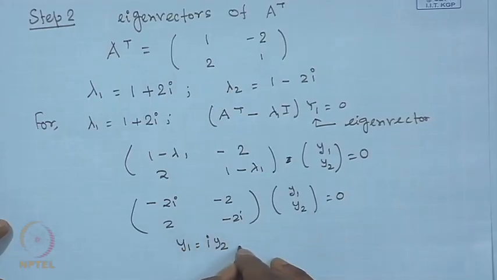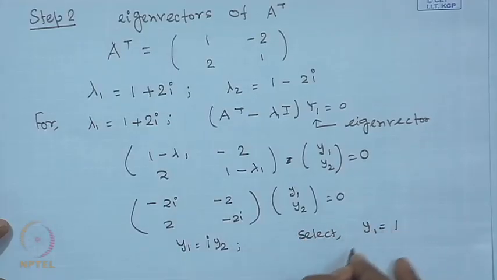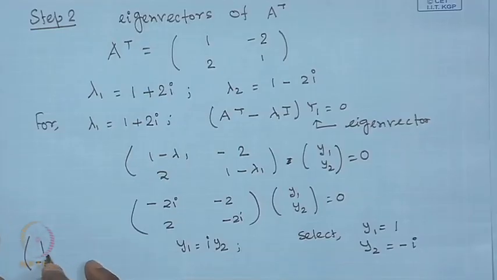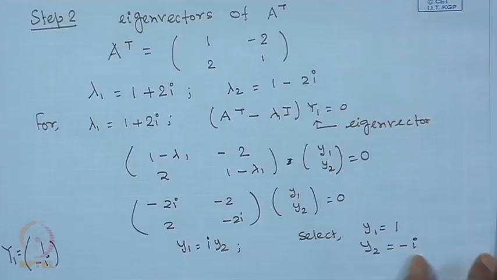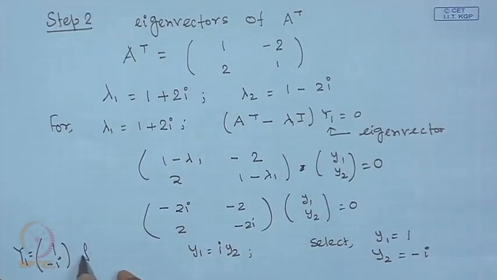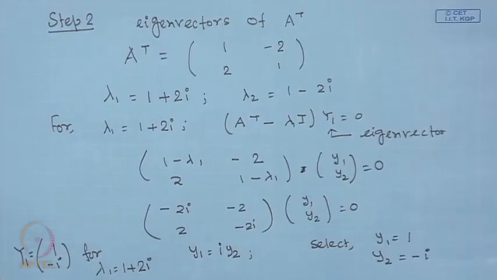So, therefore, if we select y 1 is equal to 1, then y 2 has to be minus I. So, (1, minus I) is the first eigenvector for lambda 1 is equal to 1 plus 2 I. Similarly, one can evaluate the corresponding eigenvectors for lambda 2.